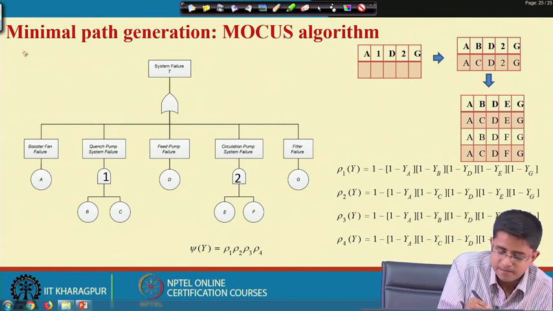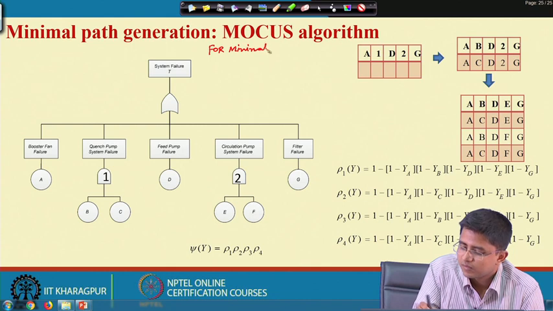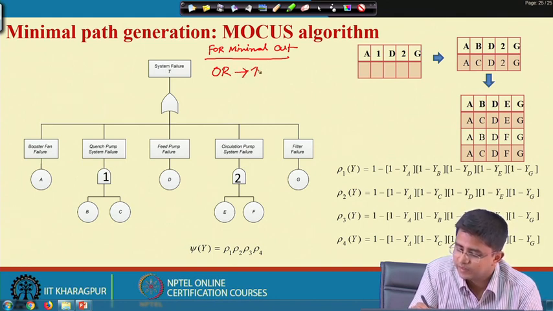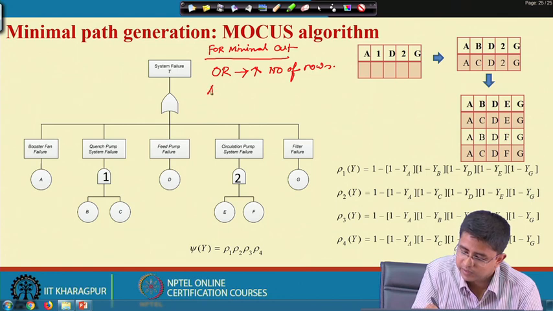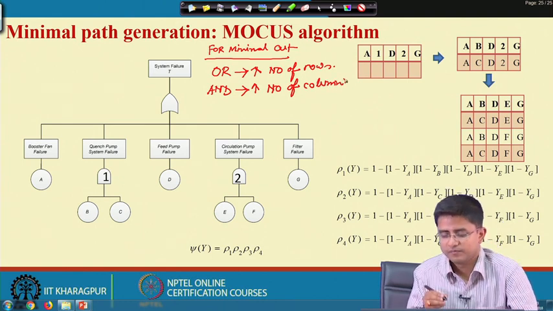So, we can write that for minimal cut, if there is an OR gate, increase the number of rows, and if there is an AND gate, increase the number of columns.